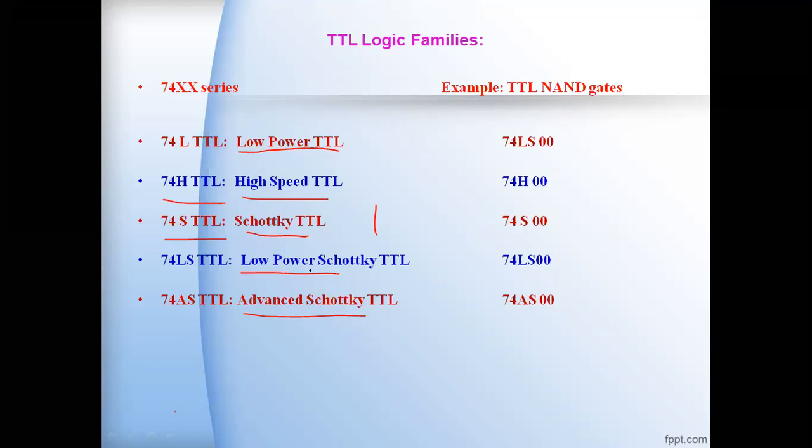So here the low power has low power consumption, and the AS has high speed, double the speed of the 74S TTL. And after 74AS, we have the 74ALS TTL, advanced low power Schottky.